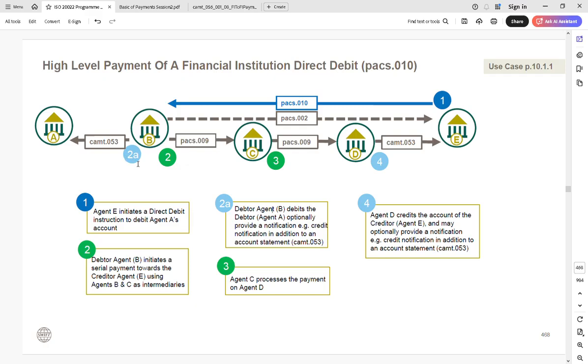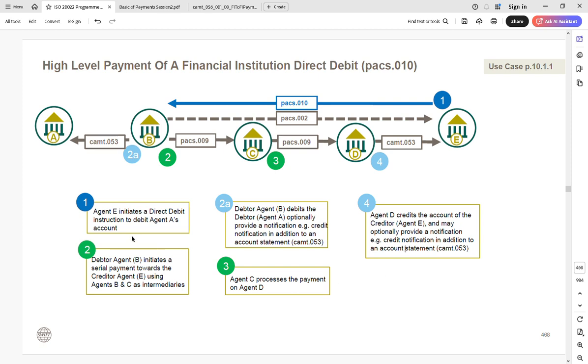Again the CAMT.053 message may be sent depending on the request. This is also the old flow, that debit and credit notification, settlement of part. Okay, this is also the old flow. Agent C processes the payment to agent D. This is normally happening. Agent D credits the account of the creditor E and may optionally provide a notification here.